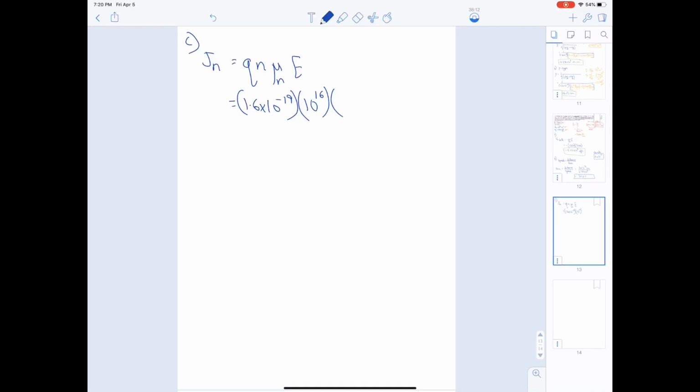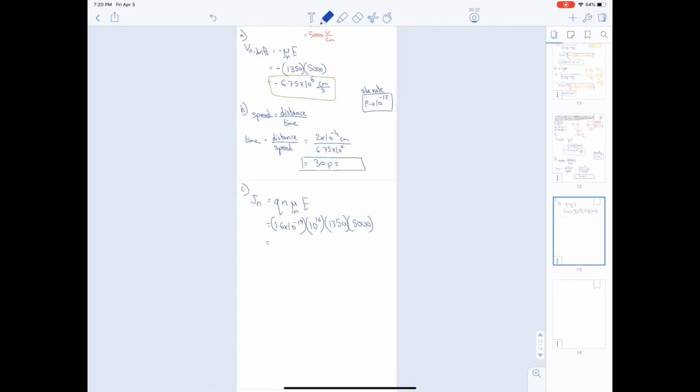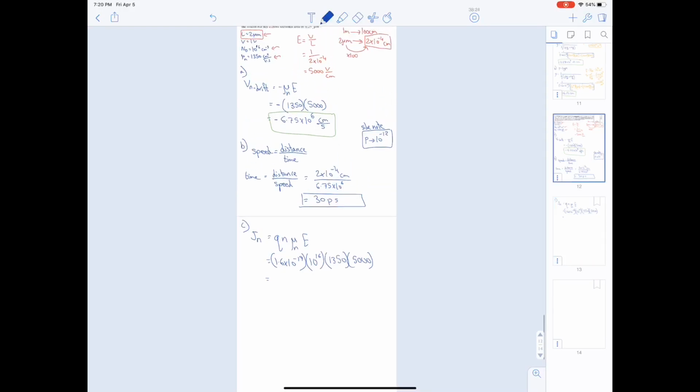Mu n is 1350 and the electric field is 5000. Okay, this will give me 10.8 times 10 power of 3 A per centimeter cube.